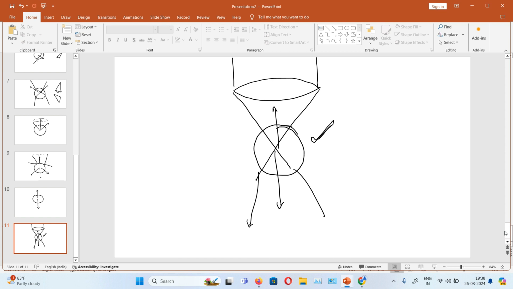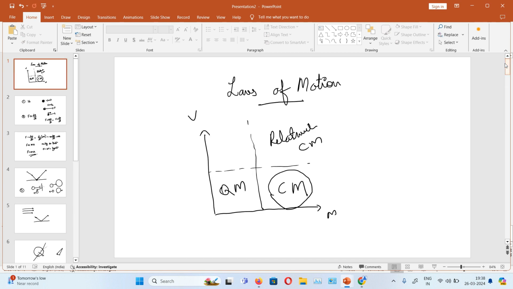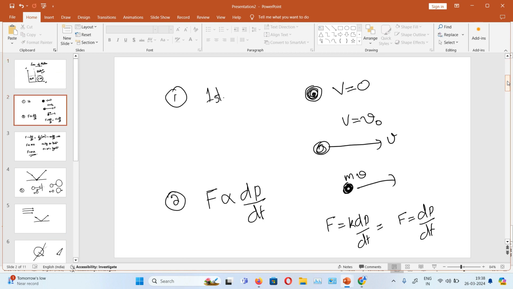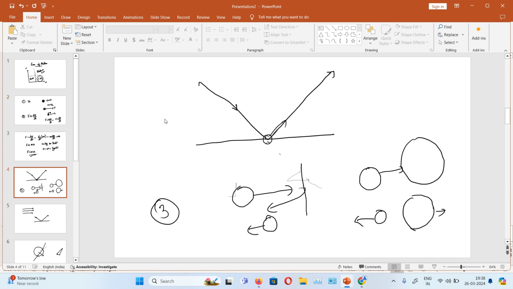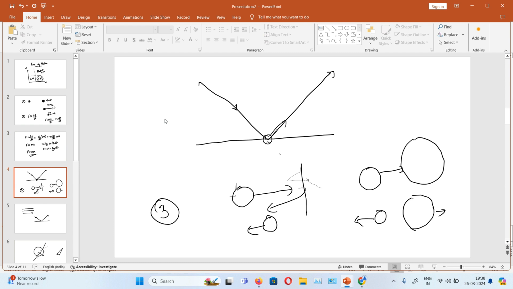Today we went through the basics of laws of motion. Then we saw the first law of motion, the second law of motion, and how motion can be quantified using rate of change of momentum, and the same rate of change of momentum can be used to define the unit of force as Newton.